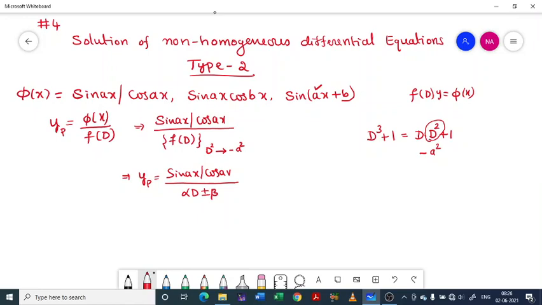After replacing D square by minus a square, if it has terms like this, then you get the form alpha D plus or minus beta. Suppose if I have terms like this, D power 4 plus 1, then it will be D square into D square plus 1. So in such case you don't get alpha D plus or minus beta, directly get some constant, that will be the required solution.